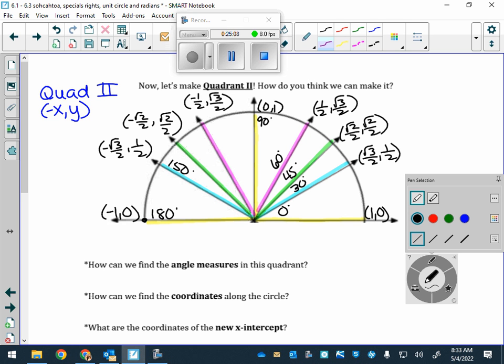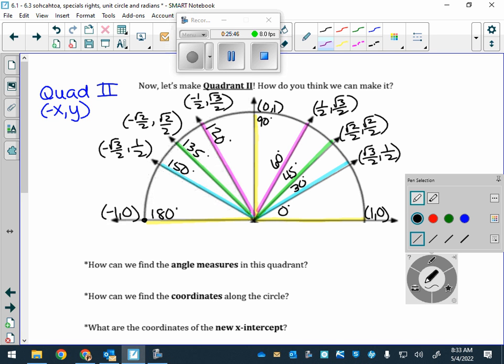What would my green line be? 135. 180 minus 45. Good. And then my pink one up there, Porter? 120. Okay? What Tate actually brought up is you always want to use the x-axis, never the y. Always the x-axis to do that subtracting for.